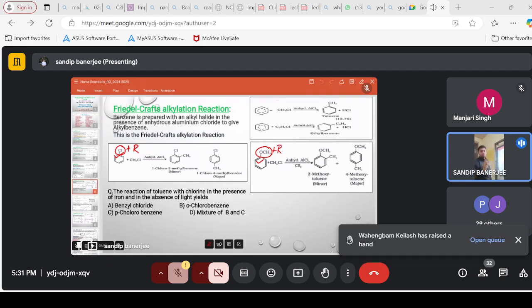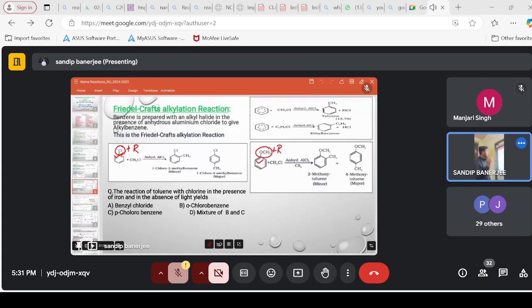Plus R operator resonance always operates via pi bond, and you know this resonance is a distance independent effect. That means it will enhance the electron density at the ortho position and the para position via conjugative structure to an equal extent.